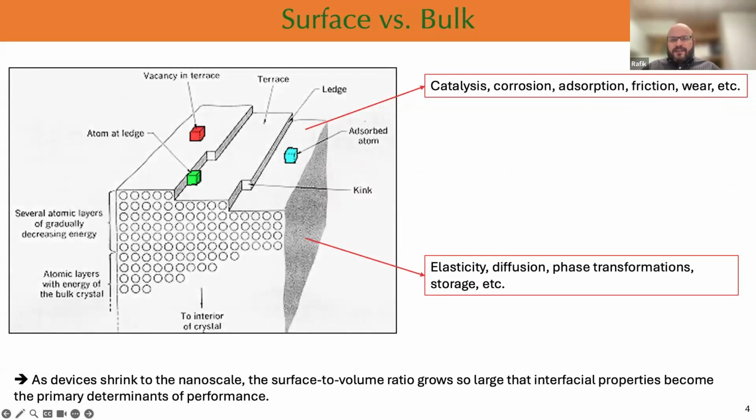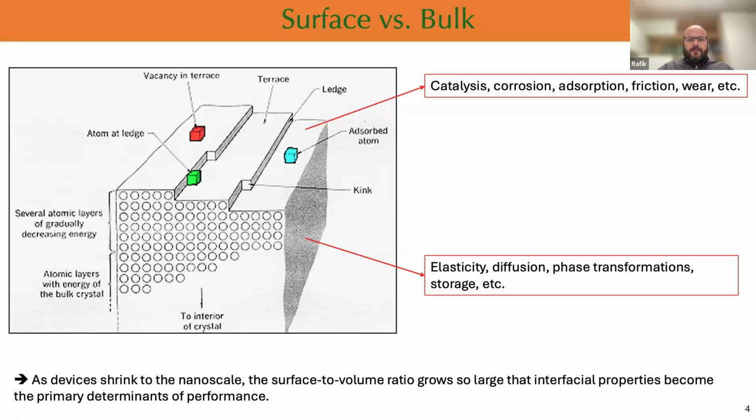So the bulk of crystals and materials mainly provides the mechanical support and acts as a reservoir of atoms and charge, while surfaces and interfaces are where almost all the interaction with the outside world takes place. These surfaces and interfaces determine the physical and chemical properties of the materials.